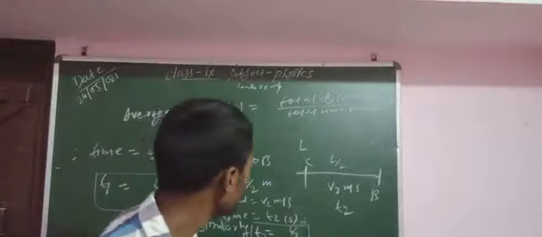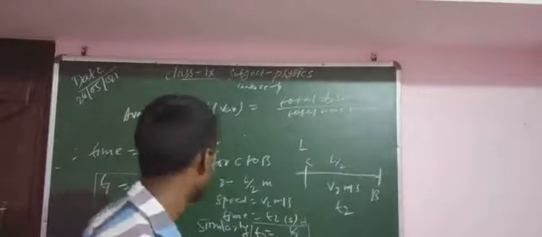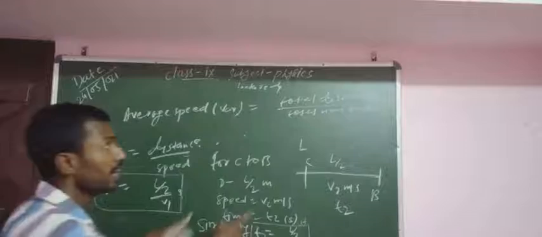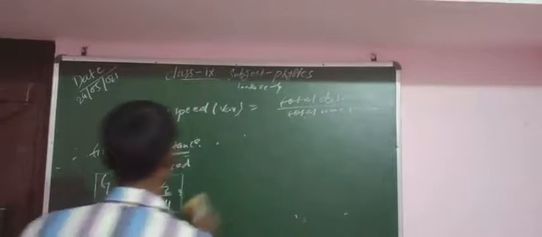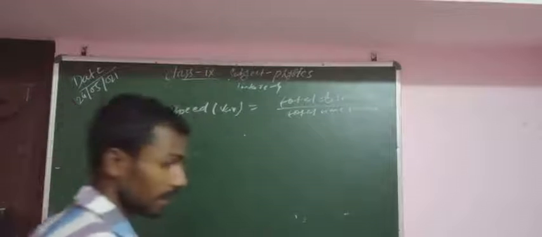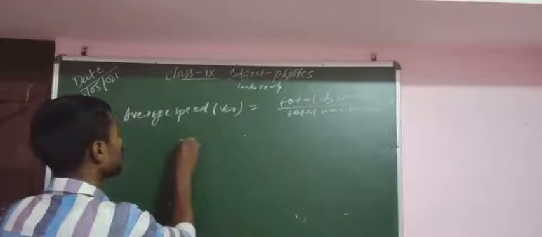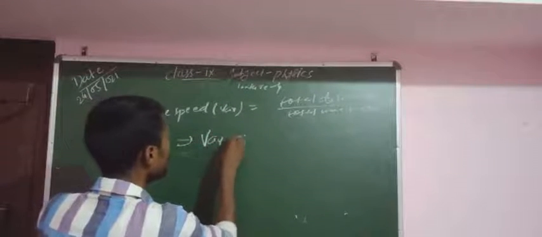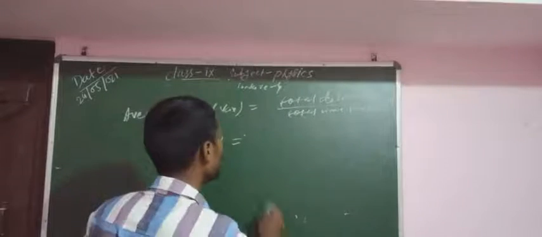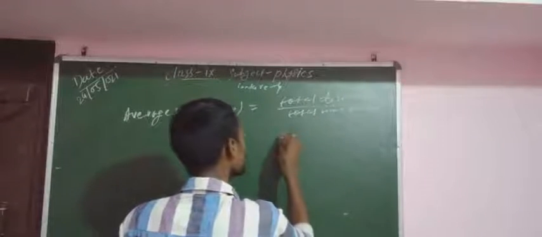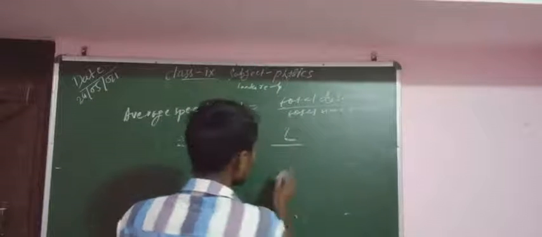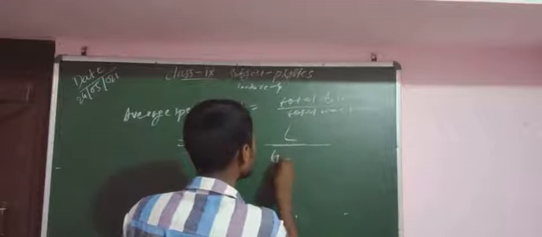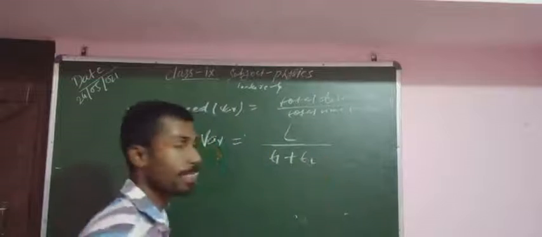Next, we will put these values in that equation. So therefore, average speed will be equal to total distance L by total time, that is T1 plus T2.